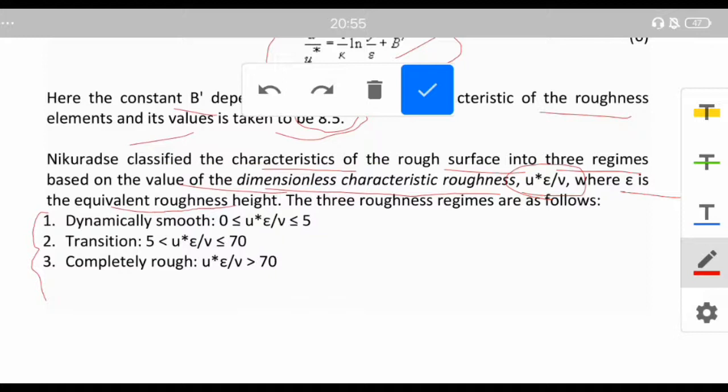The 3 roughness regimes are as follows: if the u star epsilon upon nu value is between 0 to 5, then you can say it is a dynamically smooth pipe. If it is completely rough, the value is greater than 70, but if the value lies from 5 to 70, then it is at a transition state.